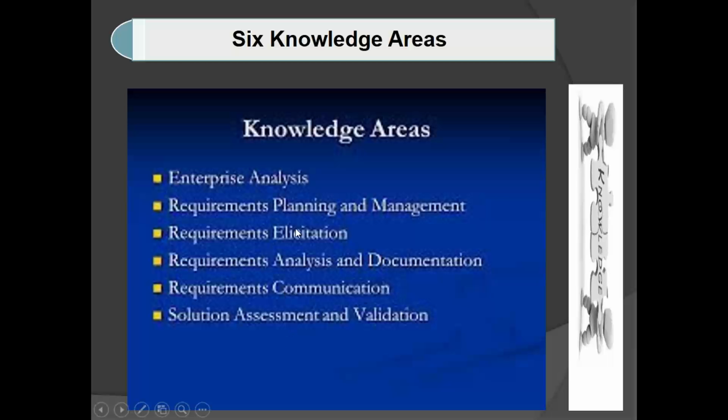That means the BA should know how to do enterprise analysis, and he should know how to do requirement planning and management, and he should know what requirement elicitation is and how to do requirement gathering. Then he should know about requirement documentation and communication and solution assessment and validation. Okay. So I'm going to explain each and every knowledge area in detail. So first we will start with enterprise analysis.